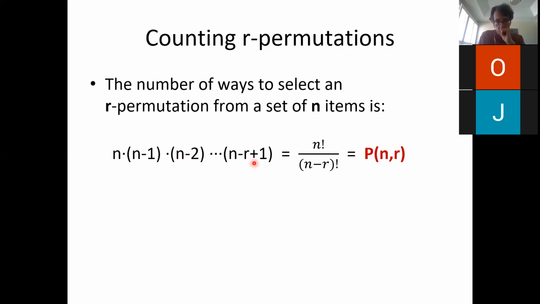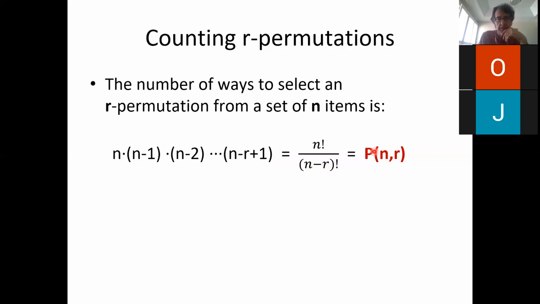You can see also that this product has to satisfy this. n factorial is the product of all numbers from 1 to n. This is not all of them; you stop at this point. That's like taking all and then dividing the factorial by what's the first one missing, (n-r)!, so you just divide them.